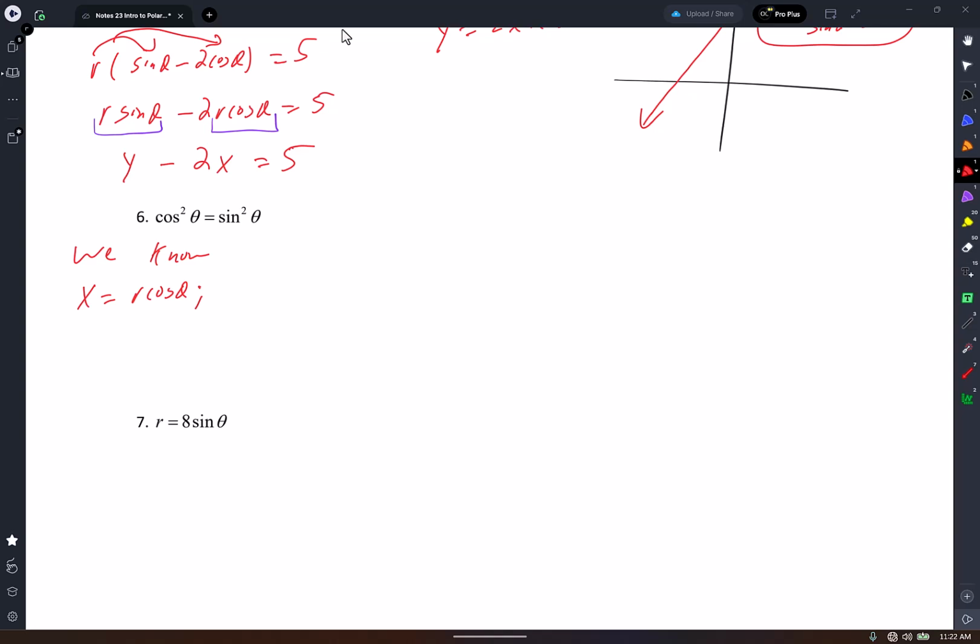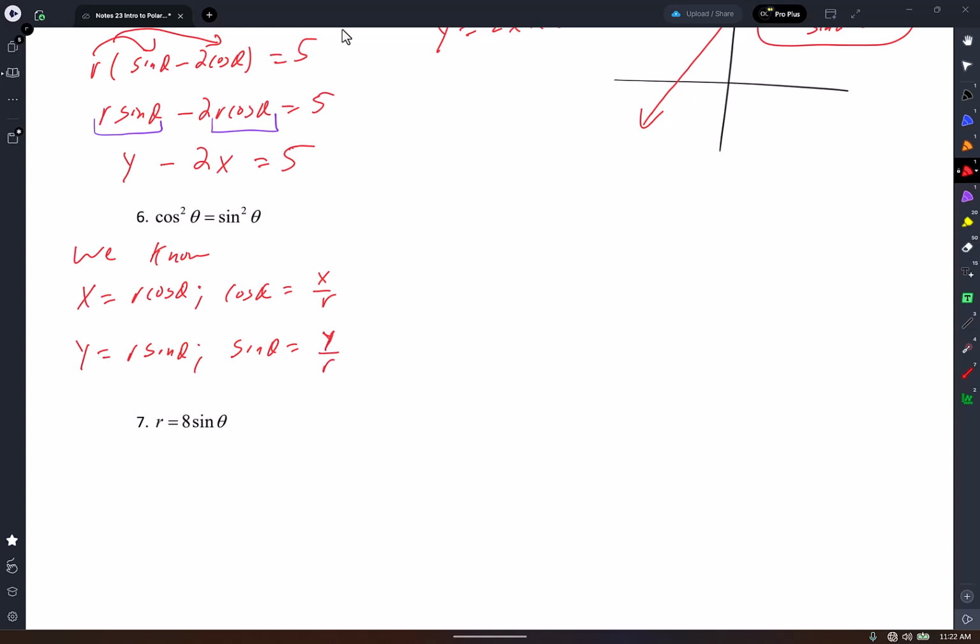So from that, if I divide both sides by r, you get cosine theta equals x over r. We know that y equals r sine theta. And so that means sine theta equals y over r.